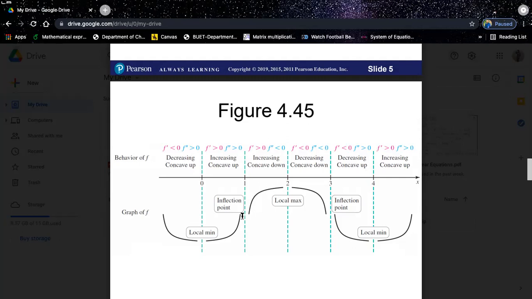So that means it will be 0 somewhere here, right? So if we join this, we'll get a shape like this. A half S or horizontal S, something like that.